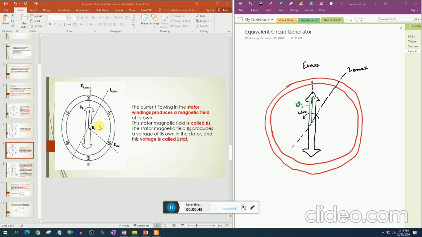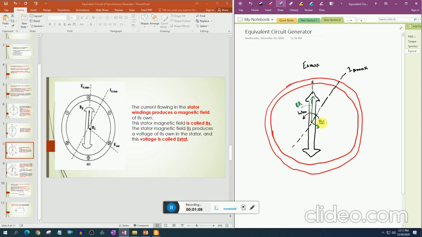Now, as the stator current is flowing in the stator winding, this stator current produces its own magnetic field, denoted by BS, like this.